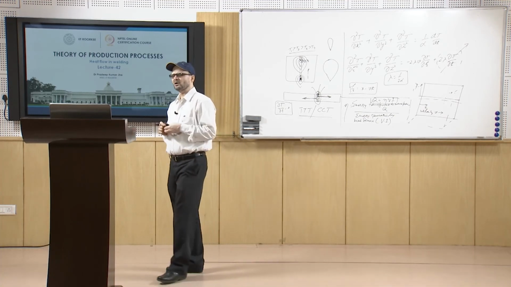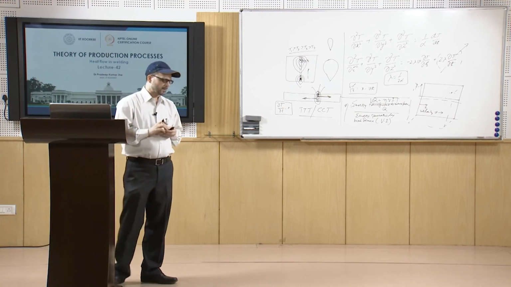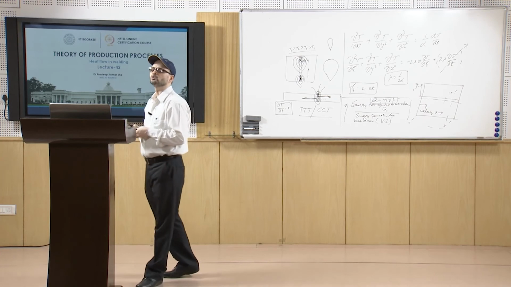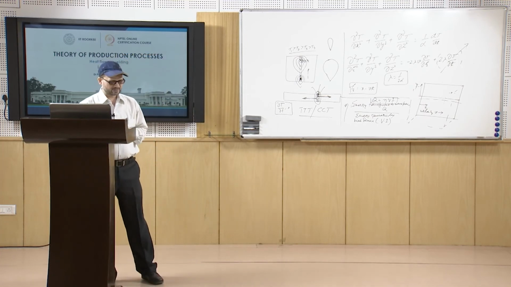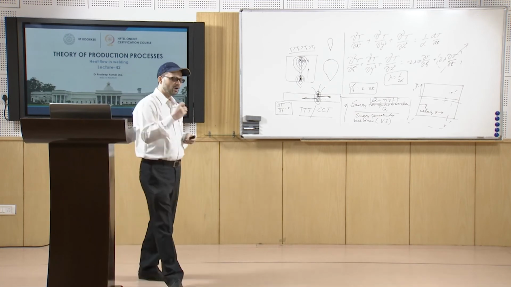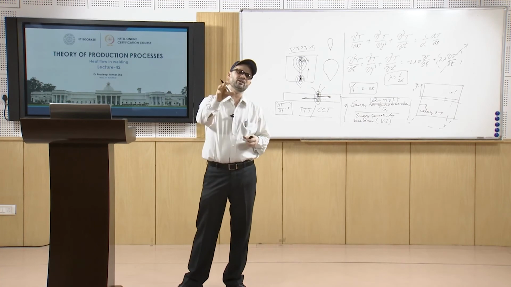Now, if you talk about gas tungsten arc welding, it is seen that if you use DC current with DCEN, electrode negative and work positive, then more heat is generated at the workpiece because of the electron bombardment.